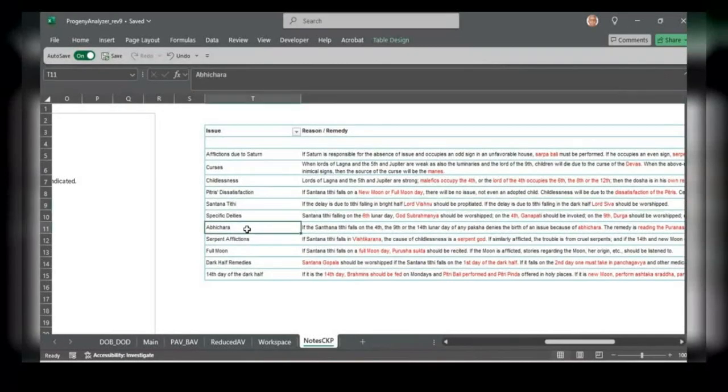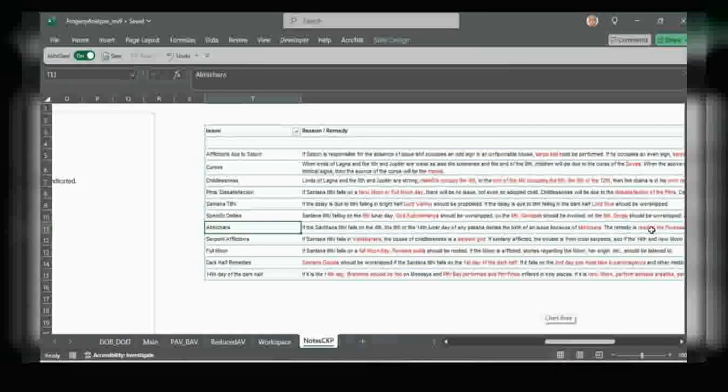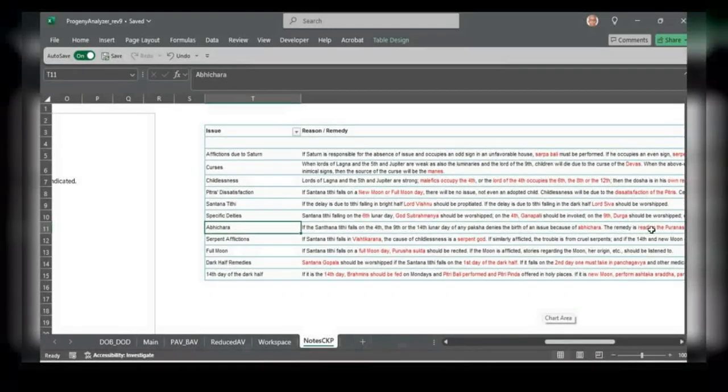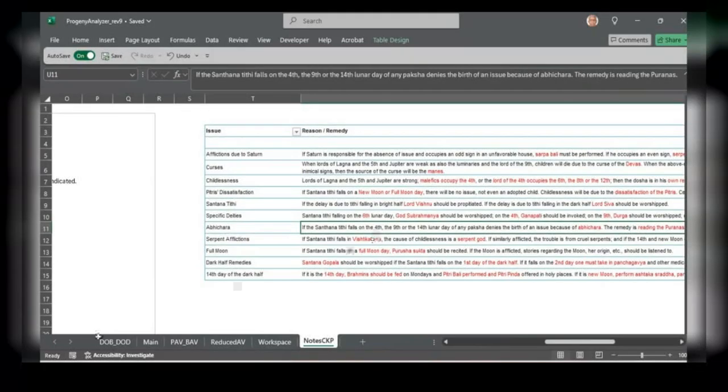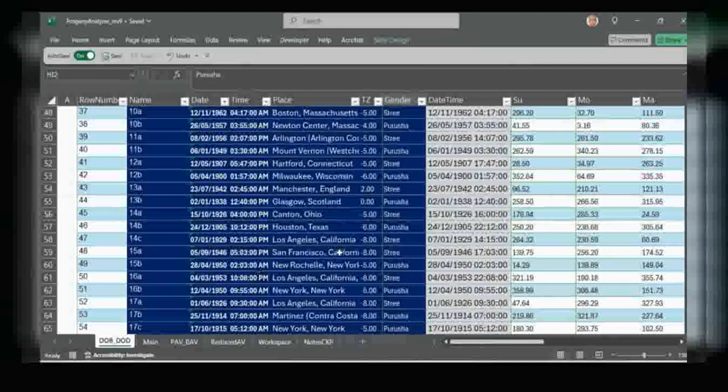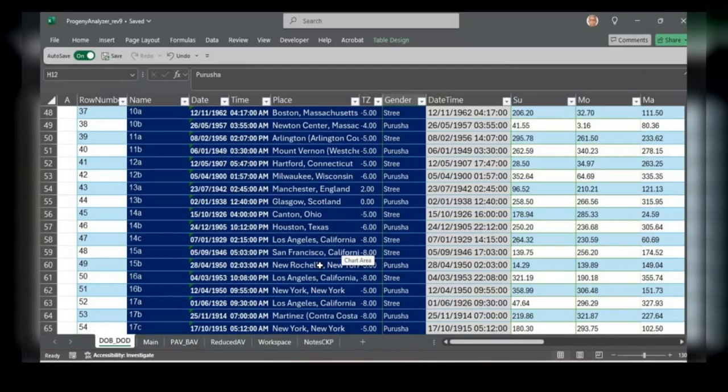I had cases, and normally more cases come out this way, where people have left out the achara. And this is the abhichara, and the remedy is you have to definitely practice reading the Puranas and all that. We see the Rikta Tithis, the 4th, 9th and 14th here, because all this data are strongly from people of modern times, right?